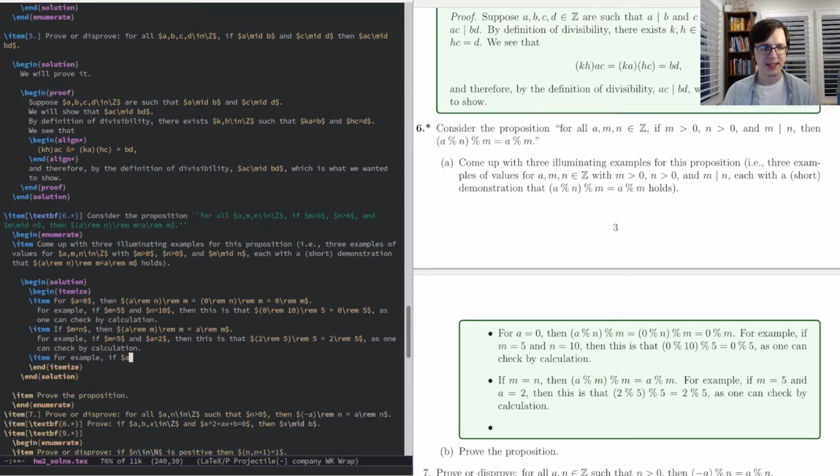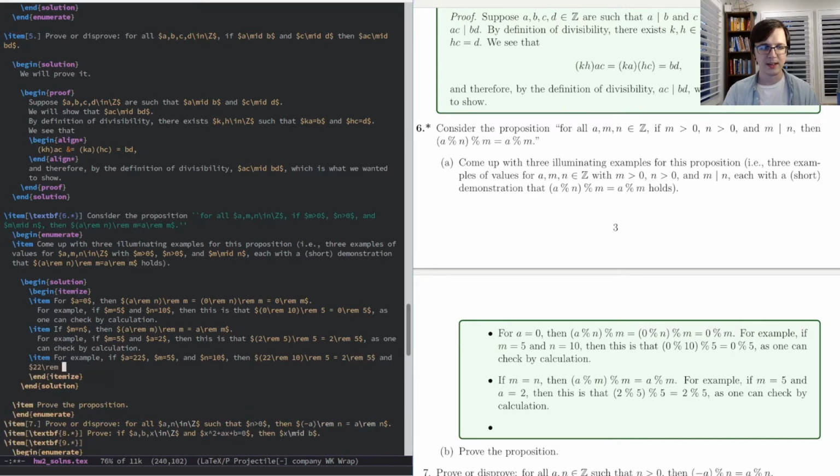Let's just choose a is 2, m equals 5, and n equals 10. Then 2 remainder 10. Oh, it can be more illuminating. Let's do 22. So 22 remainder 10 remainder 5 is equal to, well, 2 remainder 5, and 22 remainder 5 is equal to, well, 2.